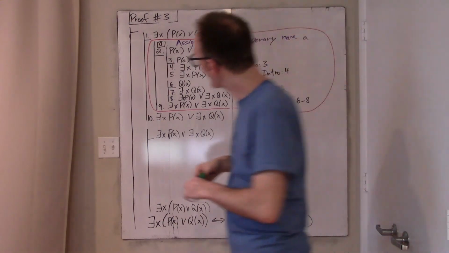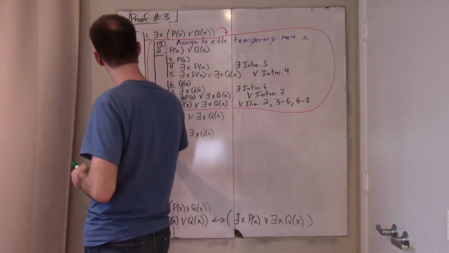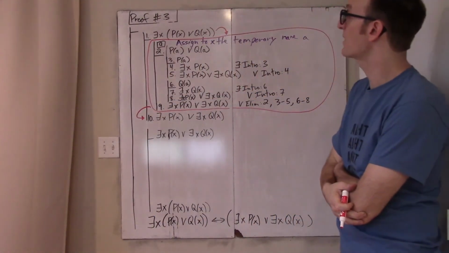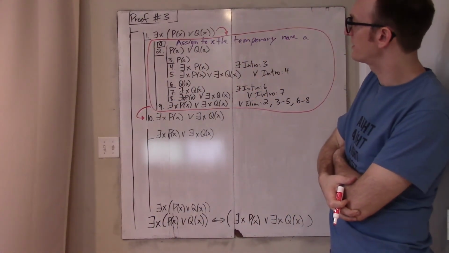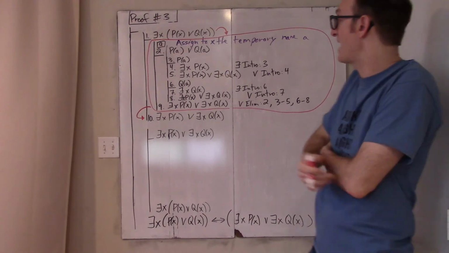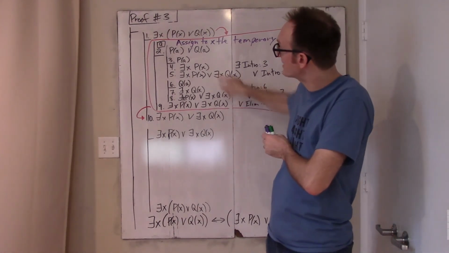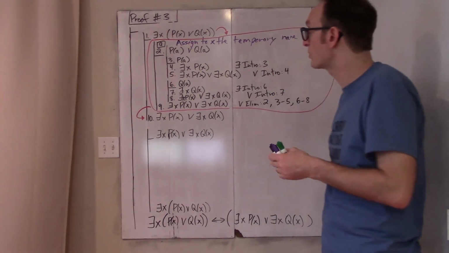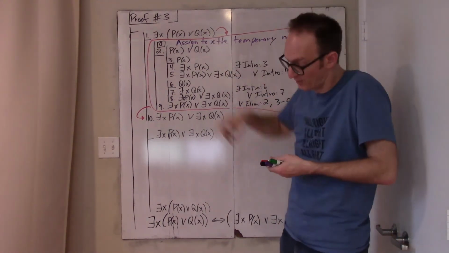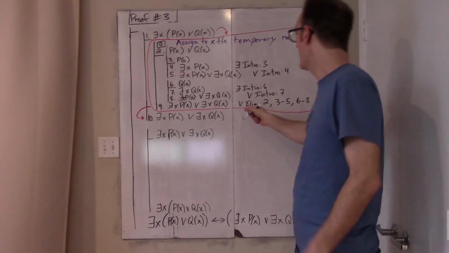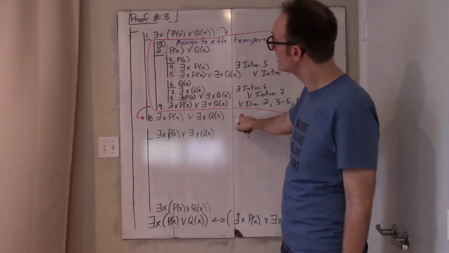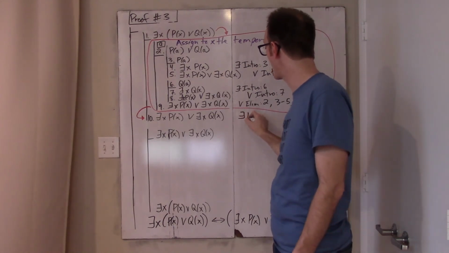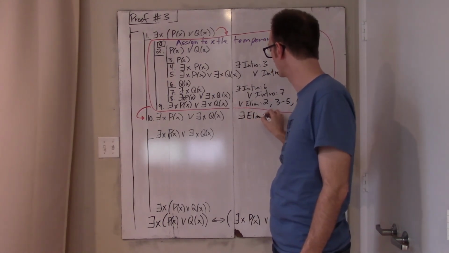And so what's really happening is that this entire line 10 really depends on line 1. Because it was line 1 which told me I could start this subproof, and I've finished the subproof with a fact independent of that temporary name that I was using. And so this fact 10 really just follows from line 1. In fact, what we have done is explored the consequences of line 1, which is to say, we eliminated line 1.